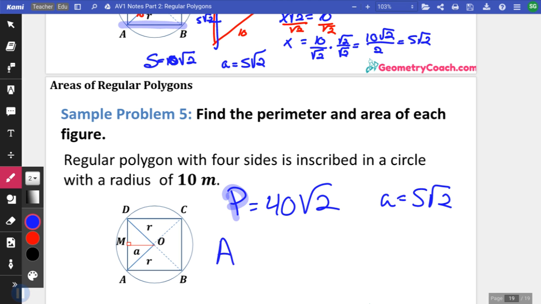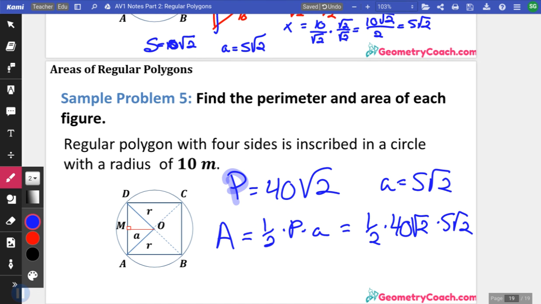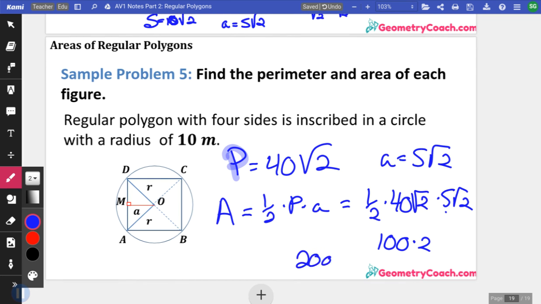So the area of this square, using the 1/2 times perimeter times apothem formula, is 1/2 times 40 times 5. 20 times 5 is 100. Root 2 times root 2 is regular 2. So I have an area of 200 meters squared.